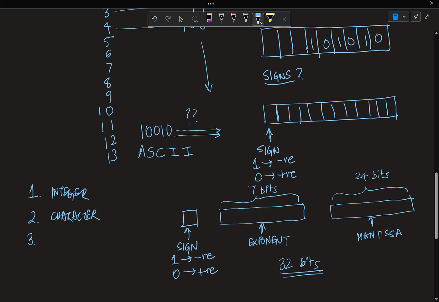Or you could use this kind of scheme of storing the mantissa and the exponent and the sign to store real numbers. And the technical word for such numbers as they're stored in computers is floating point numbers.